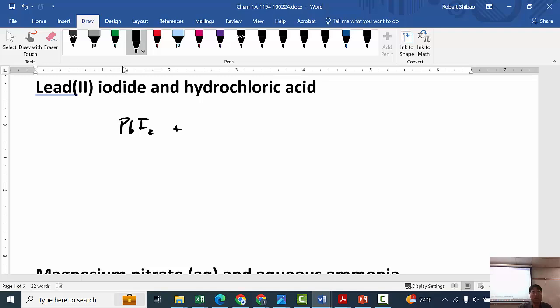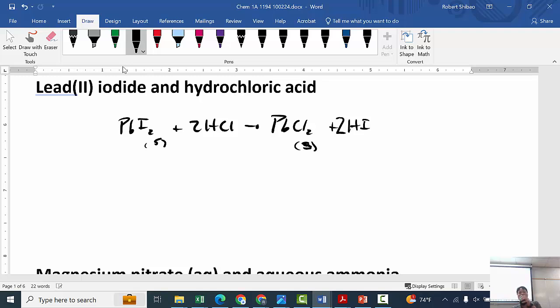Lead 2 iodide plus hydrochloric acid yields what? Lead 2 iodide is a solid. It's insoluble. Hydrochloric acid is aqueous. Lead 2 iodide and chloride, these are both insoluble.